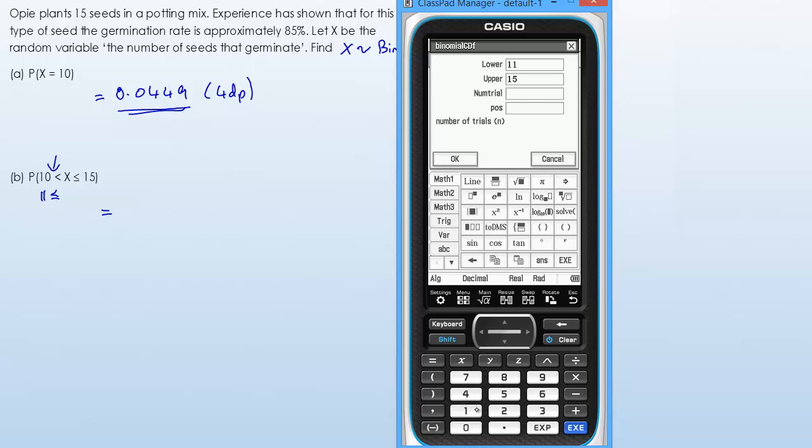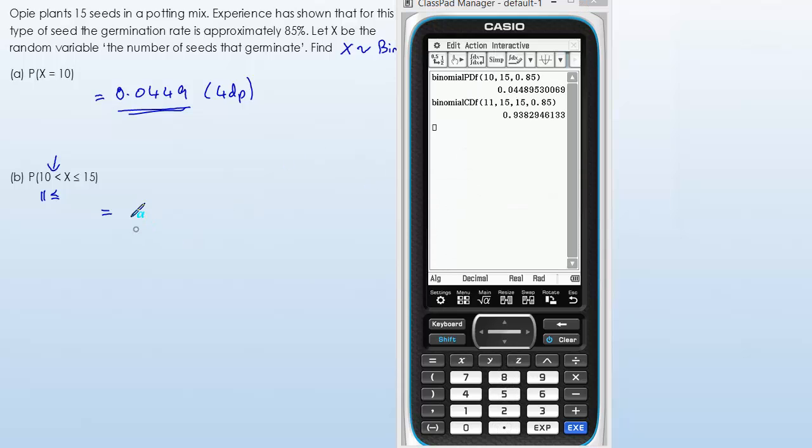The number of trials is 15 and the probability of success is 0.85. So that is 0.9383. Correct to 4 decimal places.